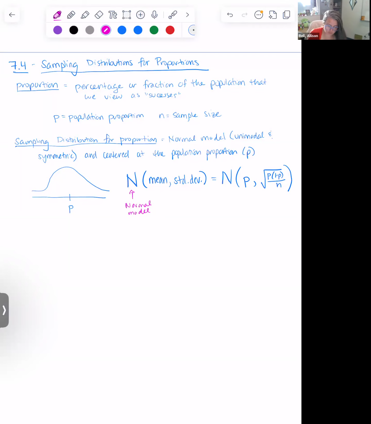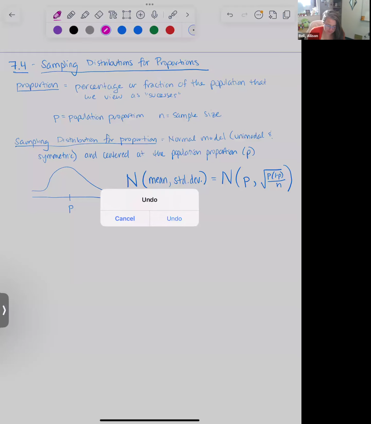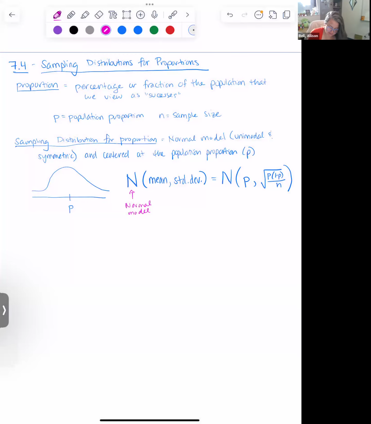So this is the mean for the sampling distribution, and this is the standard deviation for the sampling distribution. And that's just for proportions.